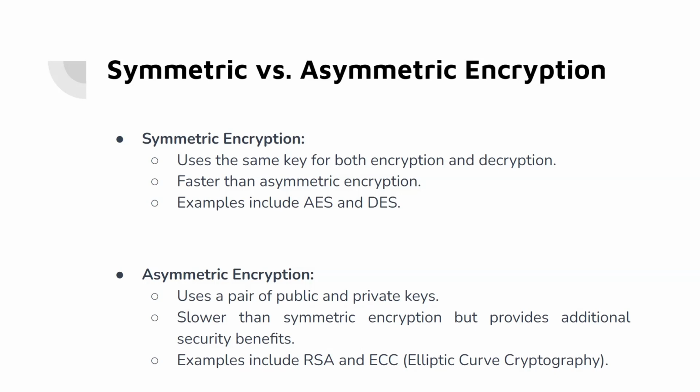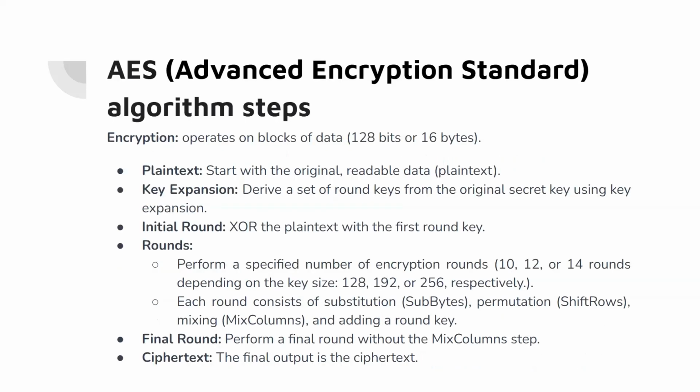Not only can you exchange a key for a symmetric algorithm this way, you can also provide other security functions such as digital signatures. Examples of asymmetric algorithms include RSA, Diffie-Hellman key exchange, and there are schemes based on elliptic curve cryptography.